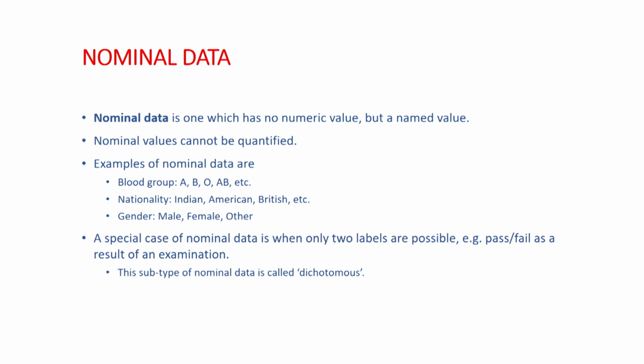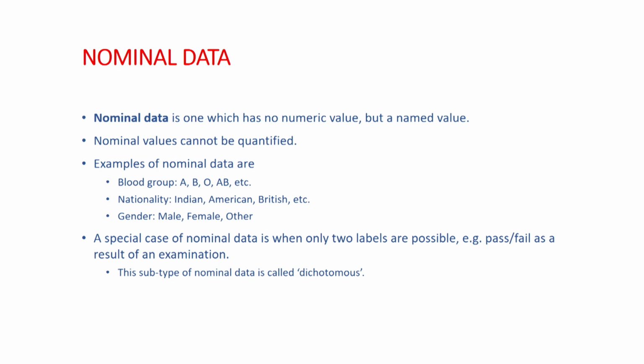In the same way, for gender we can say male, female. All these values are named values, not numerical values. So, this type of variable is called a nominal variable, or this type of data is called nominal data. It is one of the types of categorical data.